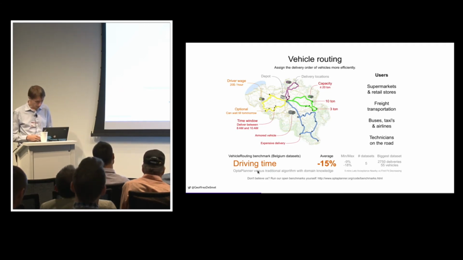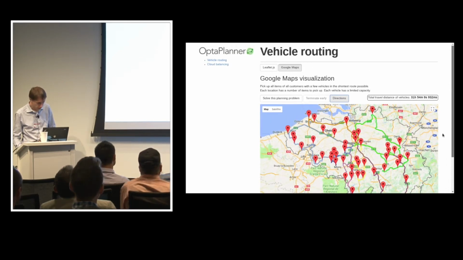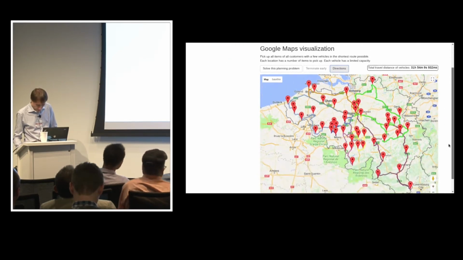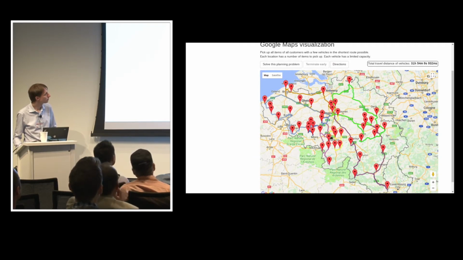Okay. Let me give you a quick demo on that, of course. Here we go. So this is a problem solved with OptaPlanner. This is one of the web examples, and this is where we've solved it.